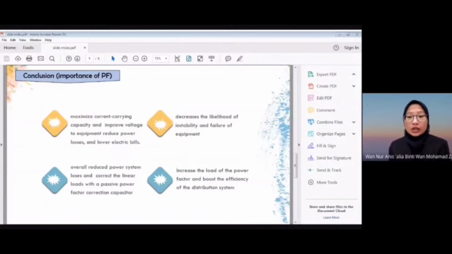It also decreases the likelihood of instability and failure of equipment. The power factor correction will increase the load of the power factor and boost the efficiency of the distribution system. It will correct the linear load with a passive power factor correction capacitor. Also, the nonlinear load will deform the power drawn from the system.